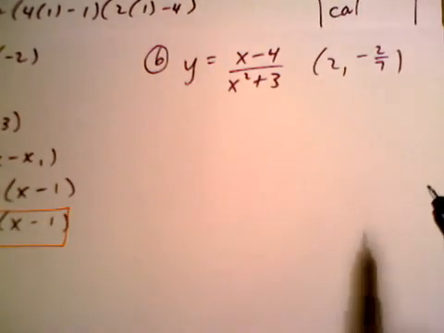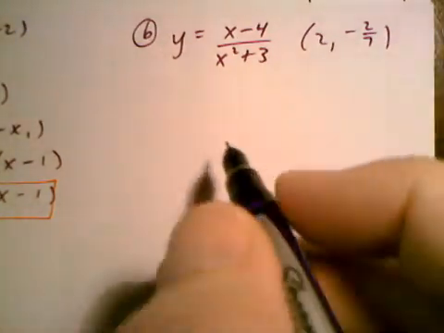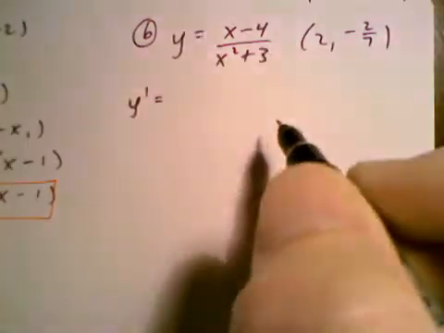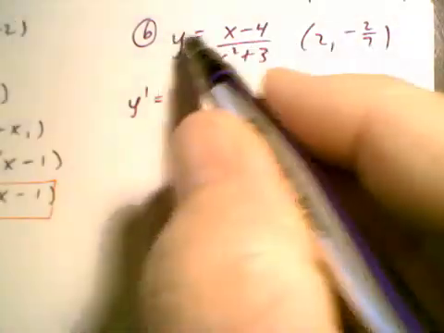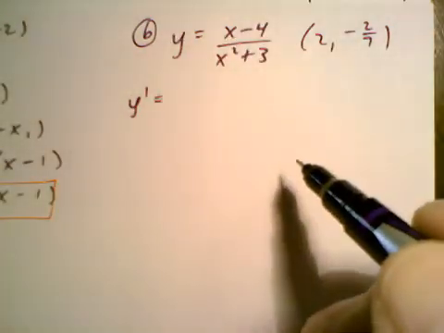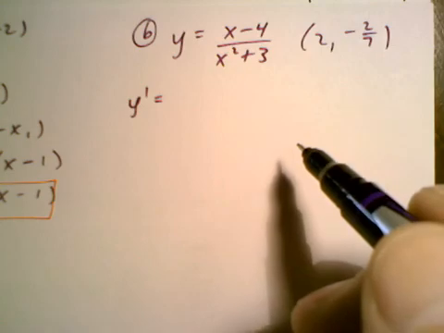Doesn't look like a very convenient problem, but nevertheless, y is a quotient, and so we're going to use the quotient rule to find y prime.